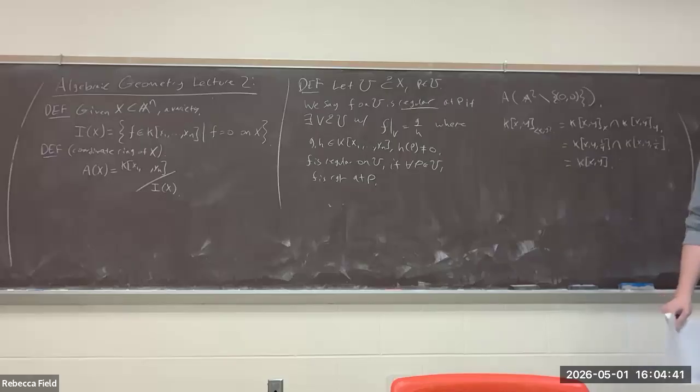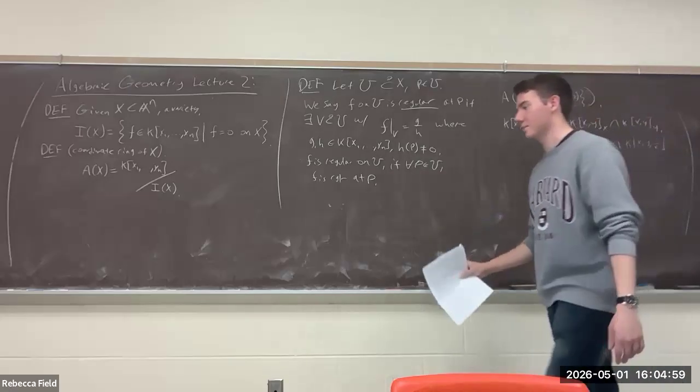Multivariable gets more interesting, but in terms of all of the easy examples that we can do with A1, it gets boring quickly. I didn't mean to say all of affine space.